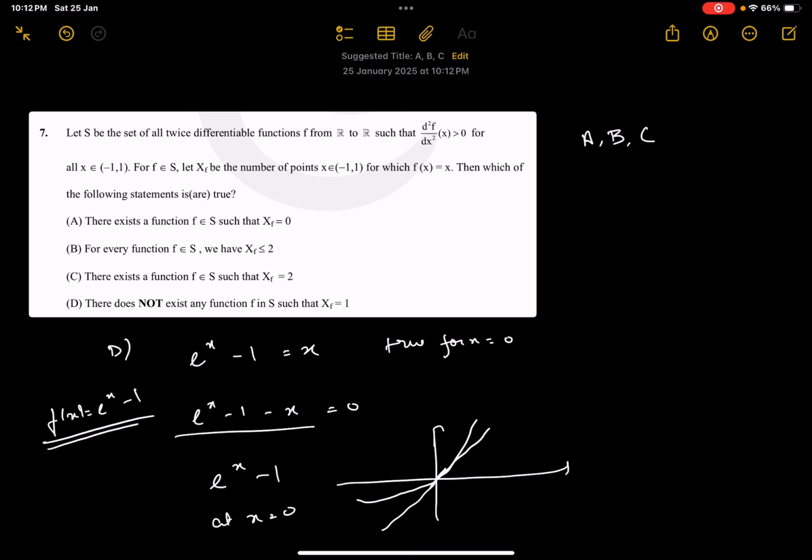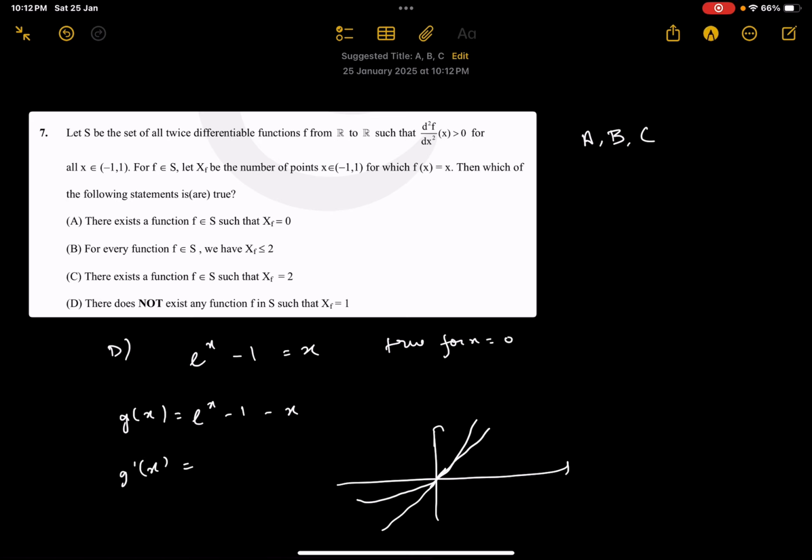So D is incorrect. Why does it satisfy this condition? Because x equals 0 is the root. Then we check g(x) equals this, and we notice that g prime x is equal to e to the power x minus 1, which is less than 0 for x less than 0 and greater than 0 for x greater than 0.